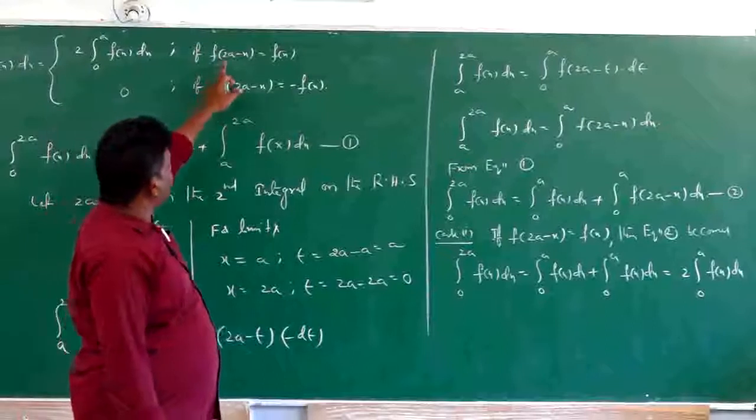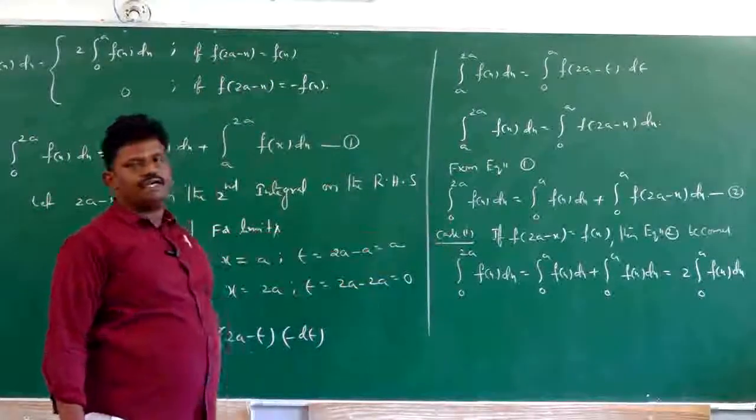When f of 2a minus x is equal to f of x, the total integral is equal to that value.